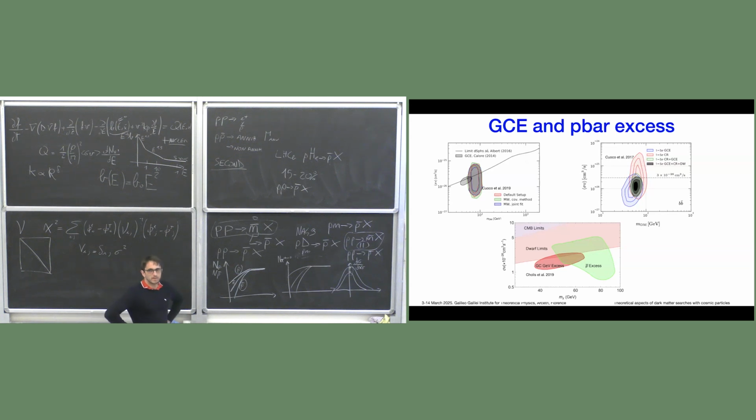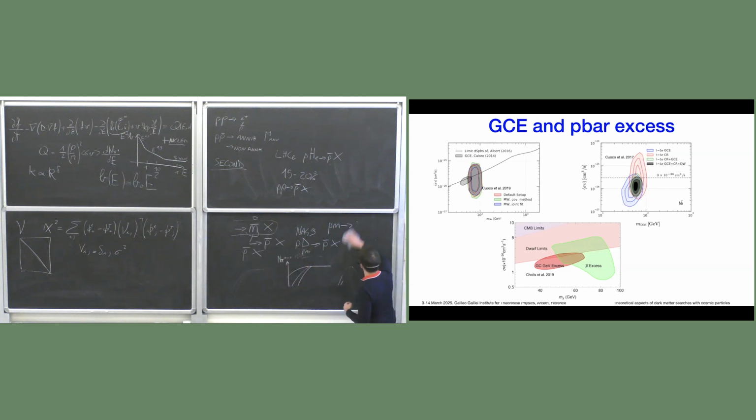Other questions? Otherwise, we move to the last part, antinuclei. I left at the end what, in my opinion, is the most promising way of finding dark matter in indirect detection: using antinuclei.